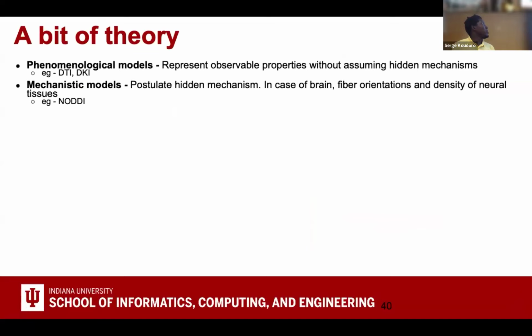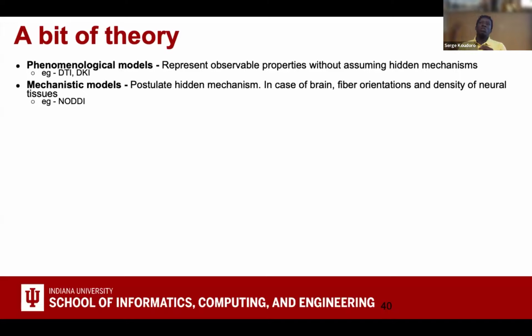So a bit of theory. Because of this list of models, you have two types of model. You have the phenomenological model, which represents the signal without making any assumption. And you have the mechanistic model, which makes a lot of assumptions on the microstructure, saying that there's a sphere here, there is a stick, there is a ball, there is whatever.